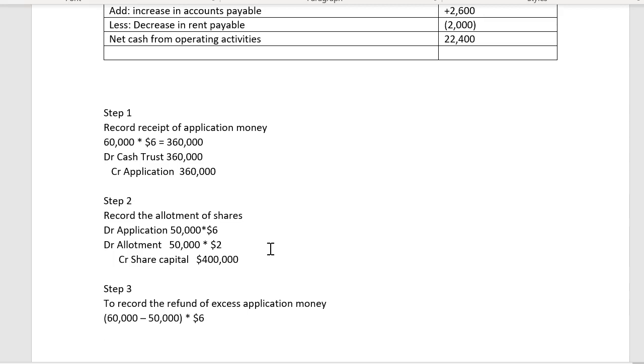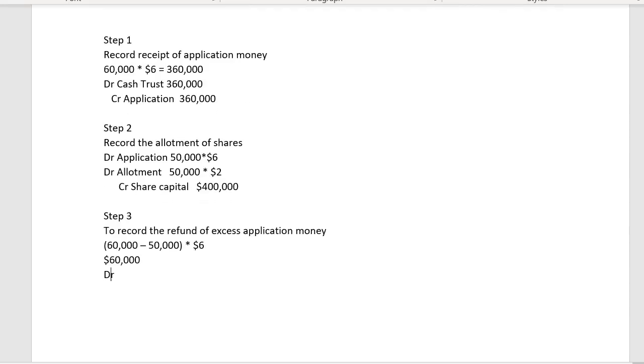They have to refund $60,000. How do you record the refund? Debit application 60,000 and we credit cash trust 60,000.